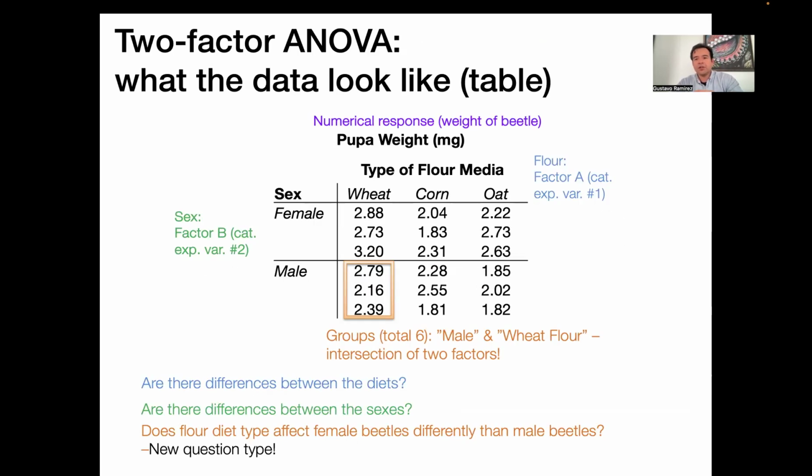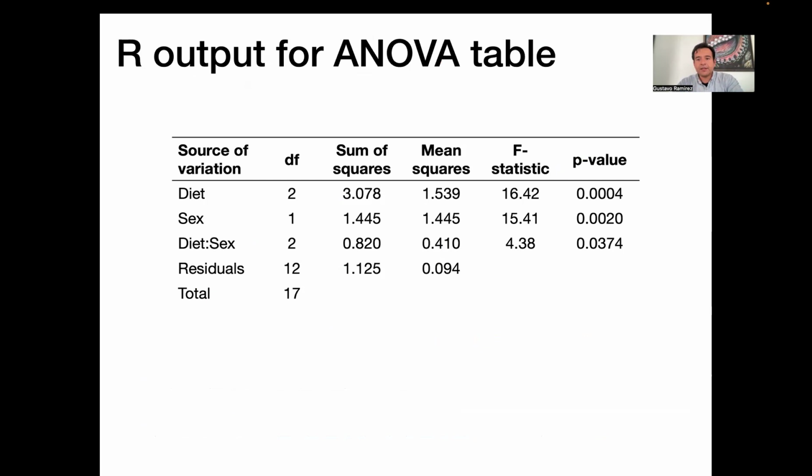All of this data just goes into R. This is what we'll be doing this week, two-factor ANOVA in R for your laboratory assignment. R will give you this output, and in this output you basically have three F statistics. Those F statistics are how we generate a p-value. So there's a probability mass function curve.